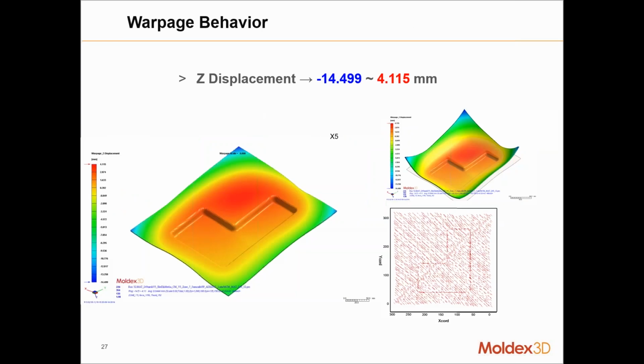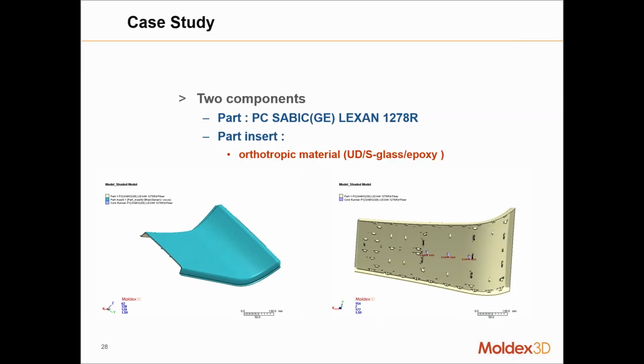All right? So warpage behavior with that overmolding, we can predict how the part will distort after the plastic has been compressed. So quick case study. Here we have overmolded parts.